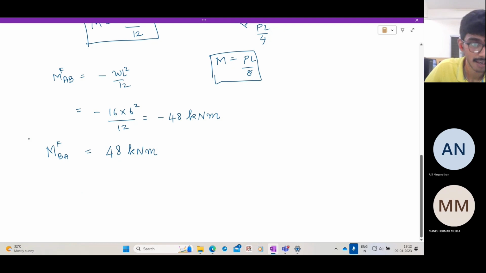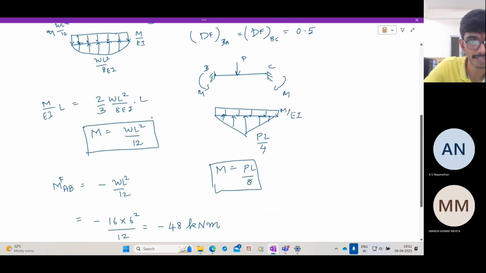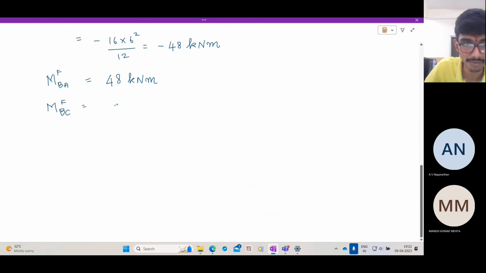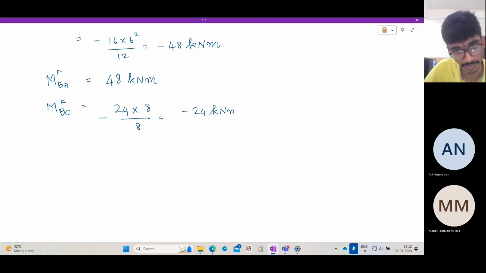So what about MBCF? MBCF is PL by 8. P is 24 kilonewtons. So it is 24 into 8 by 8, and it is counterclockwise, so minus 24 kilonewton meter. And MCBF is 24 kilonewton meter.